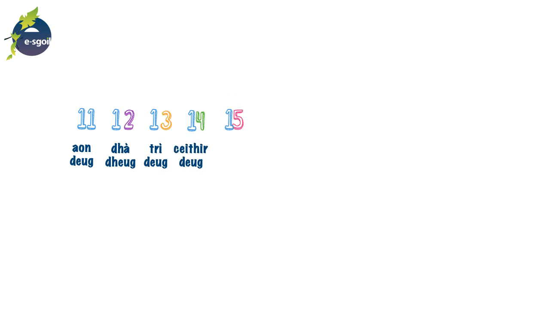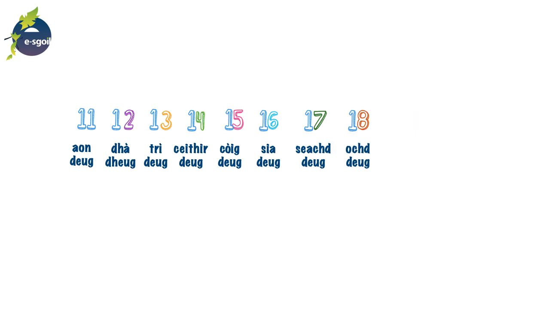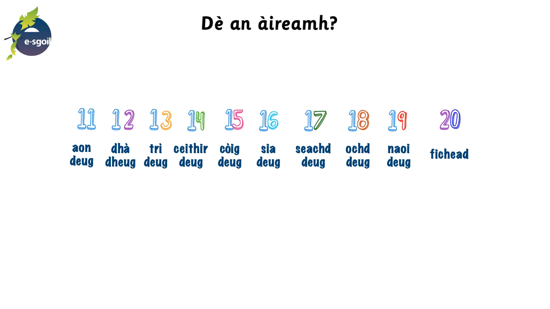Aon deug, dhà dheug, trì deug, ceithir deug, còig deug, sia deug, seachd deug, ochd deug, naoi deug, fichead.